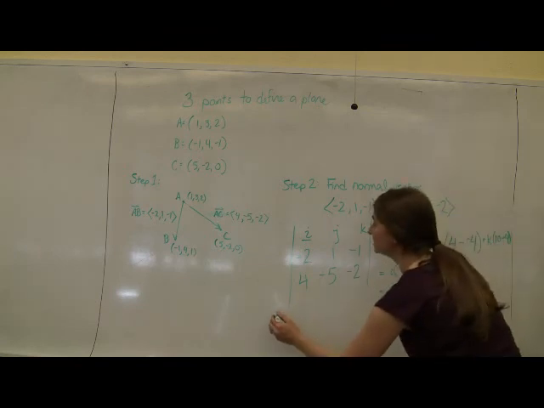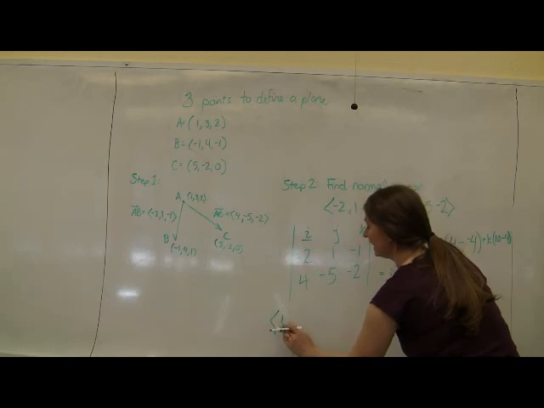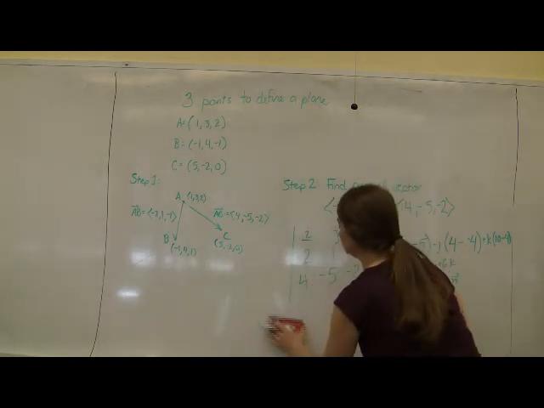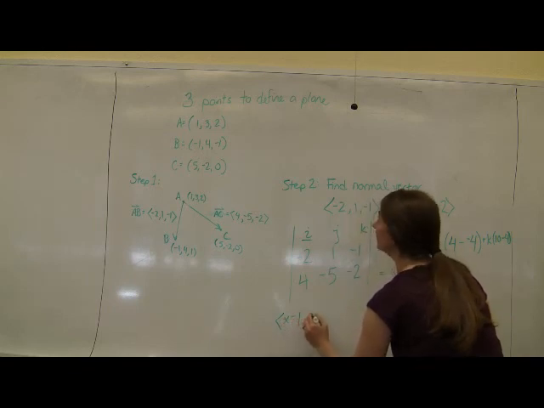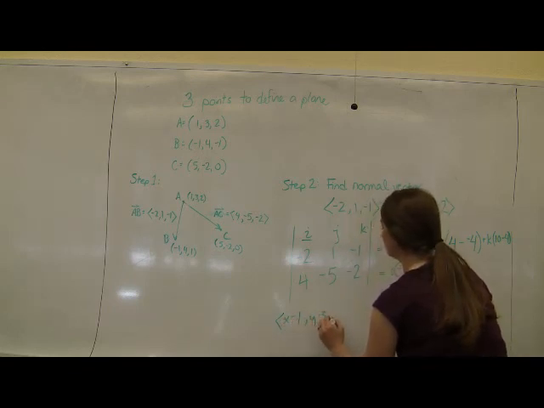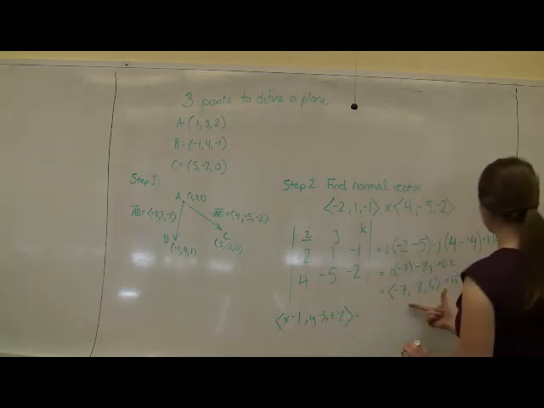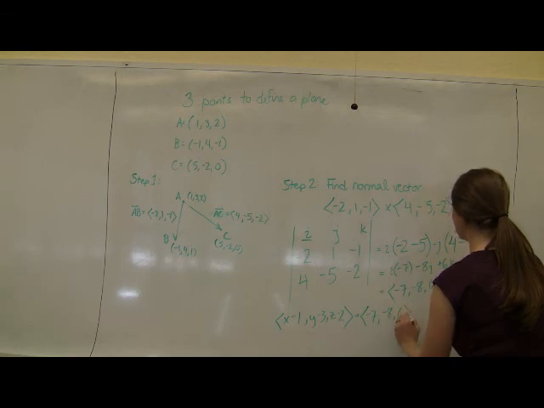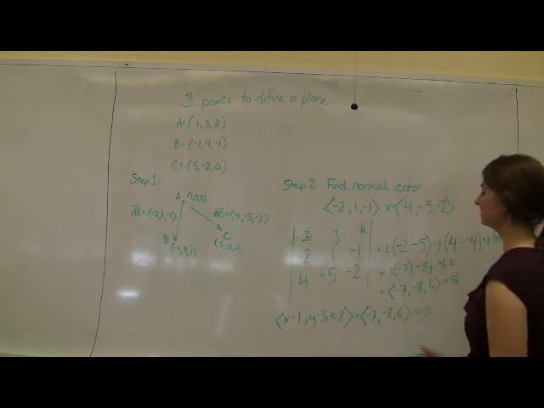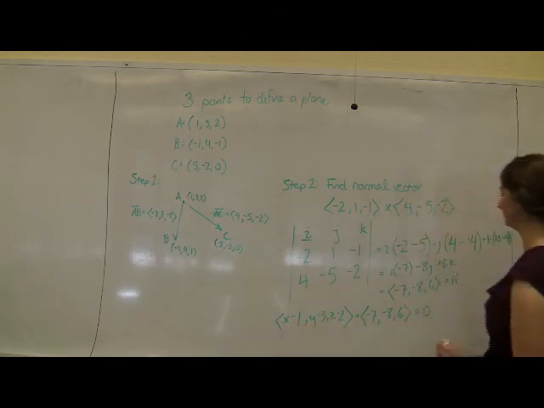So our final equation is going to be our A written as a vector, which is going to be x minus 1, comma, y minus 3, comma, z minus 2, dotted with our normal vector, negative 7, comma, negative 8, comma, 6. And we know that this dot product has to be 0 in order for this x, y, and z point to live on our plane.